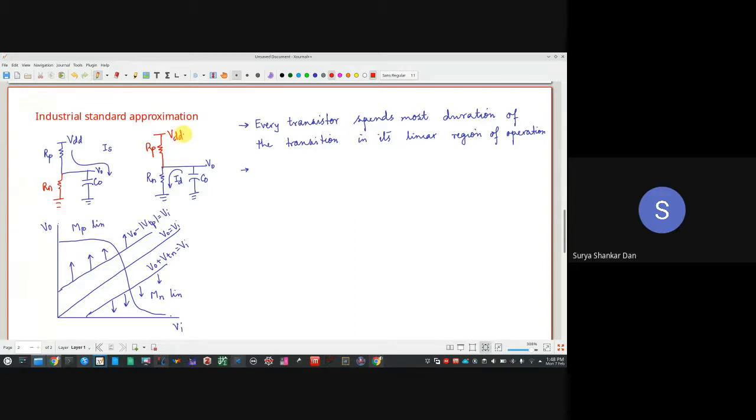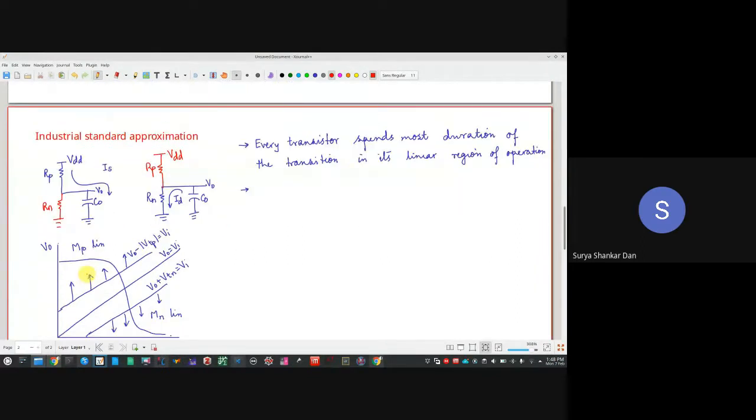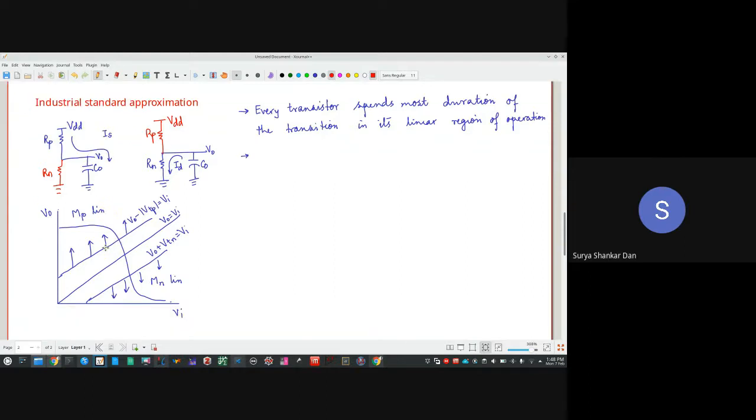So for simplicity's sake, we had chosen that the other current is so low we will just ignore it. But notice that during the transition, even if we say it is sub-threshold and almost like cutoff, that means between here and here the currents are very low, between the transition both the transistors are at least switched on.